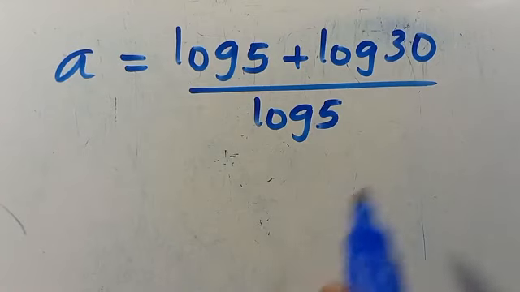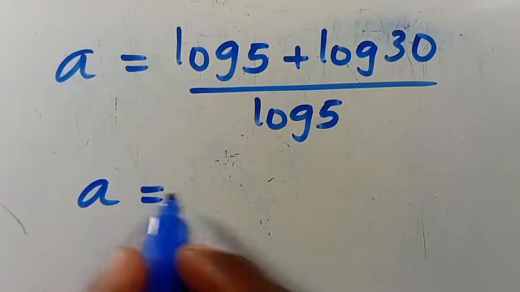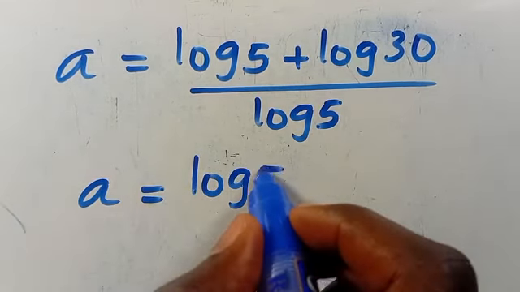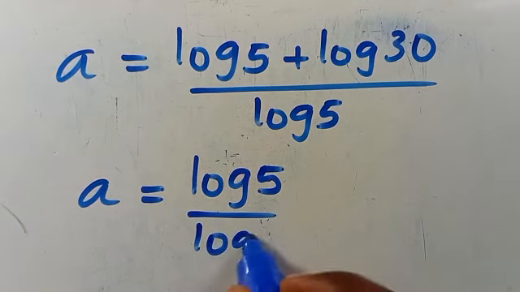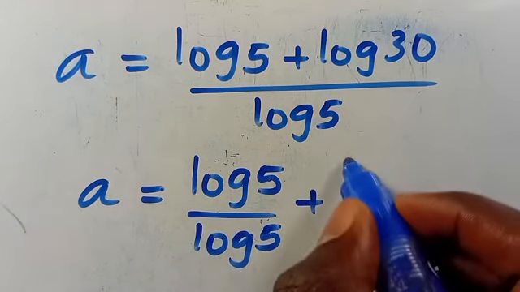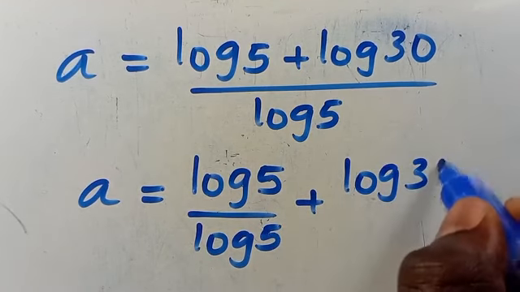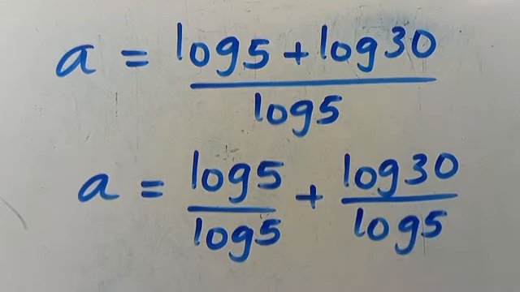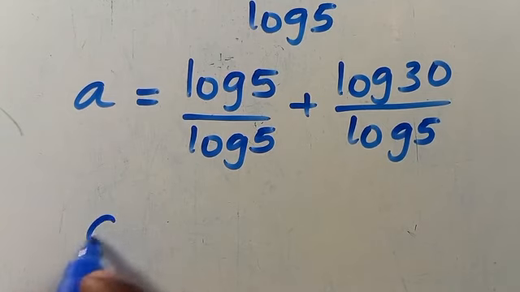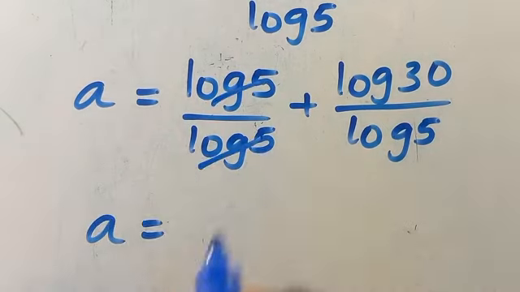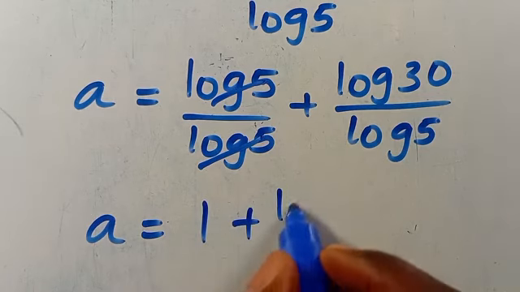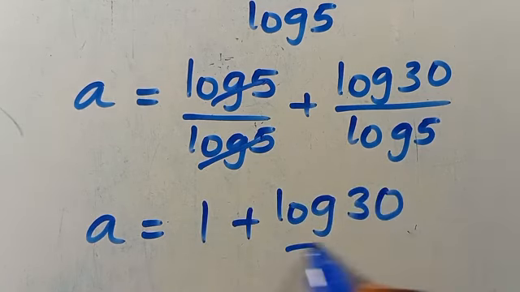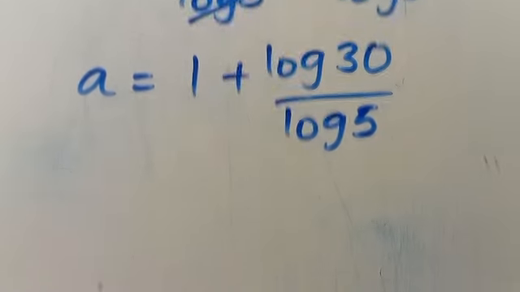So from here, we have a equals log 5 divided by log 5 plus log 30 divided by log 5. Definitely here a equals, this divided by this will give us 1, plus log 30 divided by log 5.